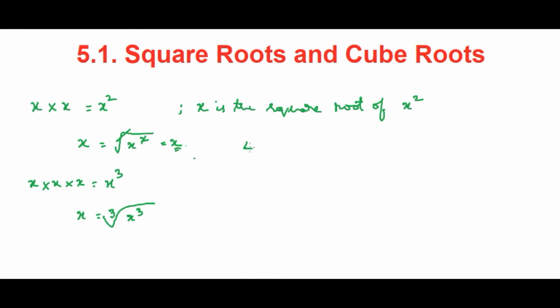Let me take 4. Square root of 4 can be written as 2 square, so that will be equal to 2. Similarly for 8, cube root of 8 equals cube root of 2 cube. So 3 and cube root will get cancelled and finally it will give you 2. These are very simple examples.